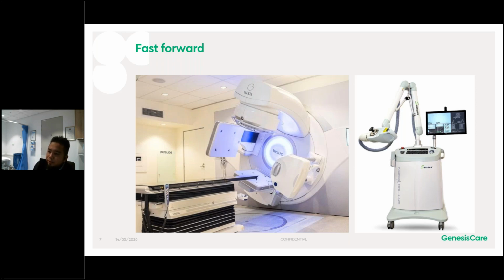We still have this unit available at Fiona Stanley Hospital, being used for treating some simple skin cancer. It will probably be included in this topic that we're talking about today as well. So these are two examples of machines that we have now, and clearly they're different from what we showed you previously.